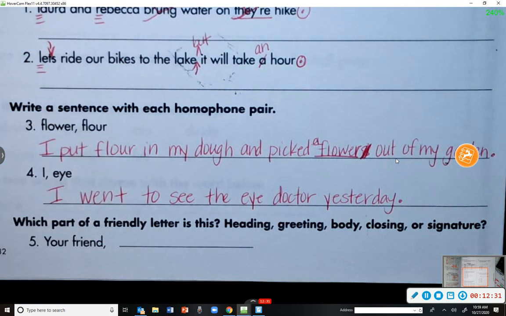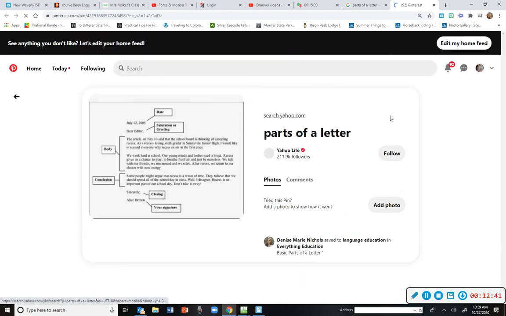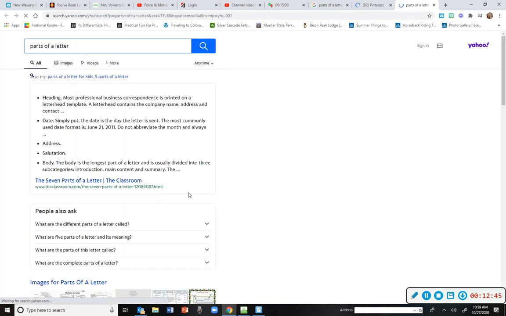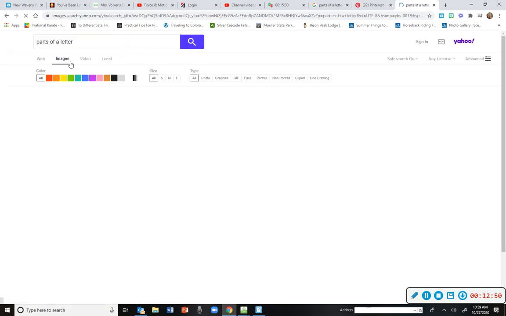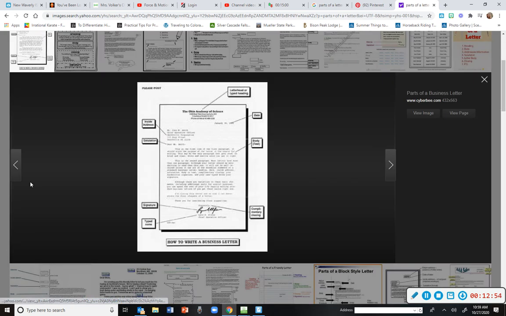Okay, and the very last part, parts of a friendly letter. We haven't discussed this yet either, but I'll show you a quick little diagram, okay? If it says your friend at the bottom of a letter, y'all see that picture? No, we didn't see it. That's very blurry.